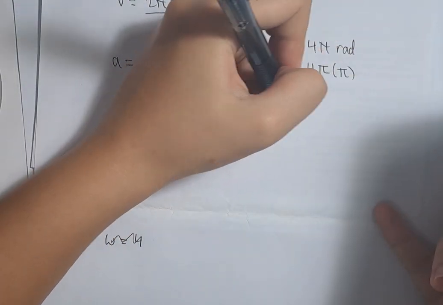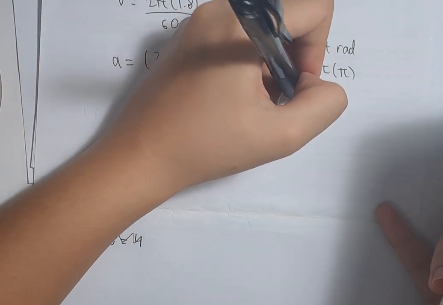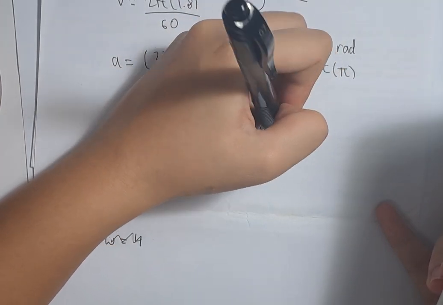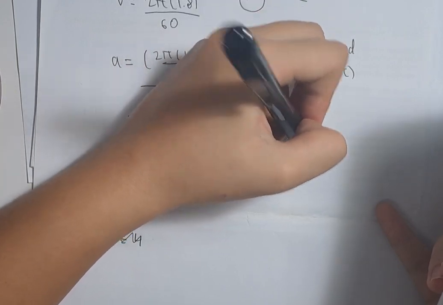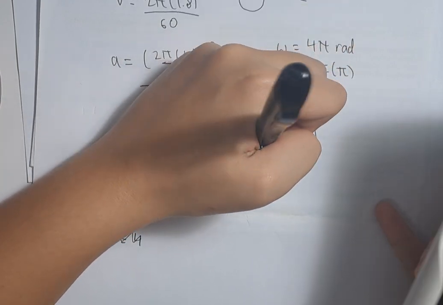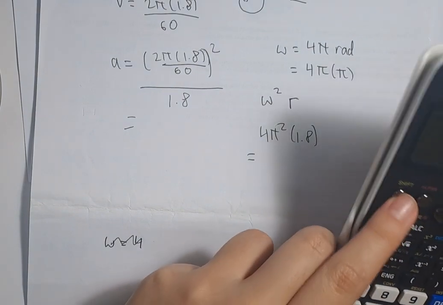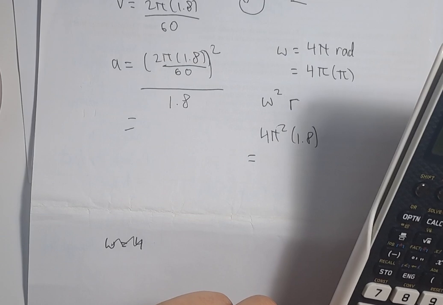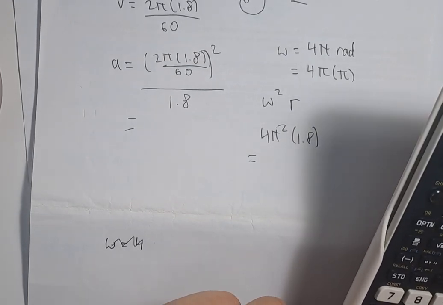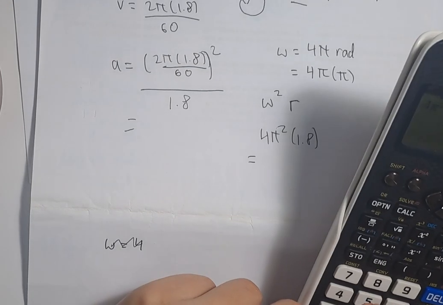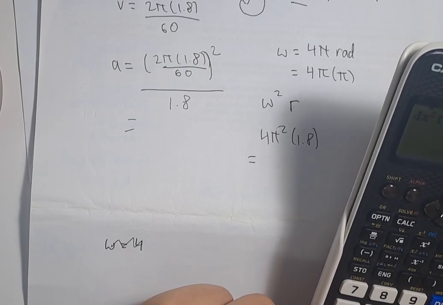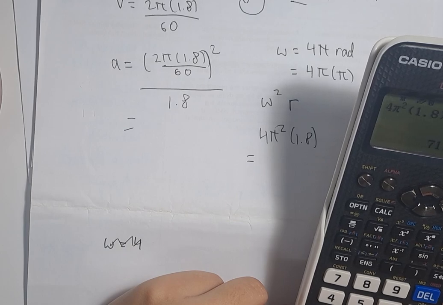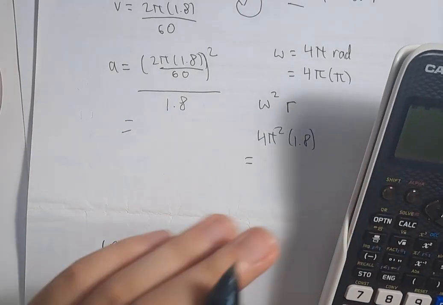And because of that, square it and times r. So 4 pi squared times 1.8. What the heck? Wait, oh, I need this in radians.